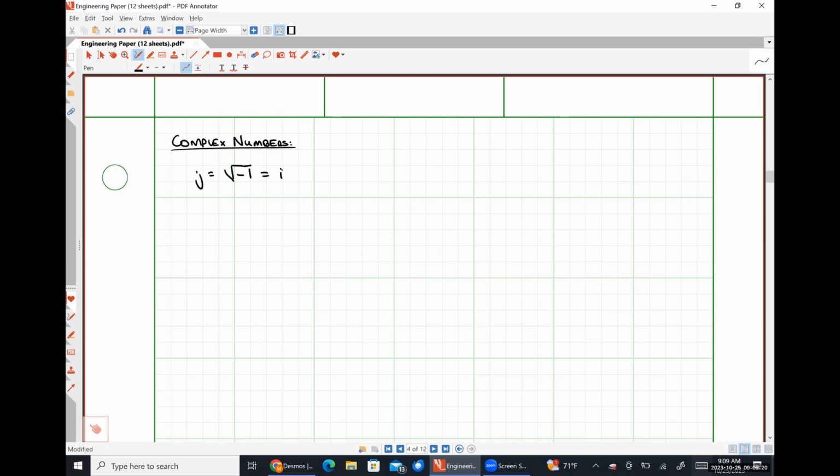Let's talk about a couple of things here really quickly while we have J on our minds. I'm going to make a table here. J to the first power is simply the square root of -1.